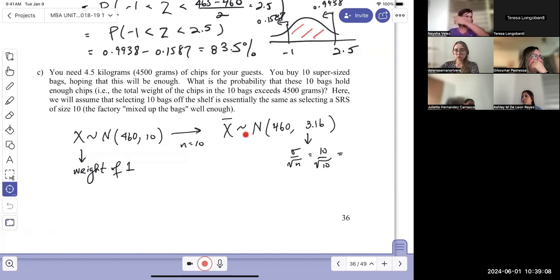This is for the mean, but they're asking us about the total weight of the chips in 10 bags should exceed this amount. All right, so we want to check, but let's be clear. This is the weight of 1. This is the mean weight of 10, but they're asking for the total weight. Now, how will I deal with that total weight?